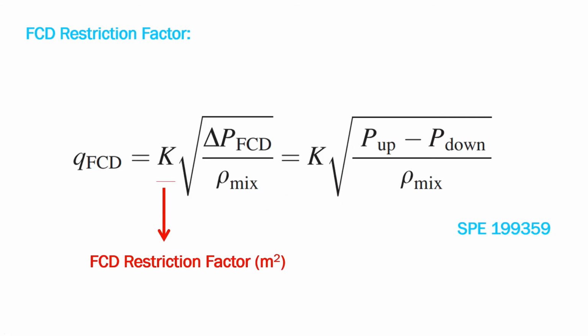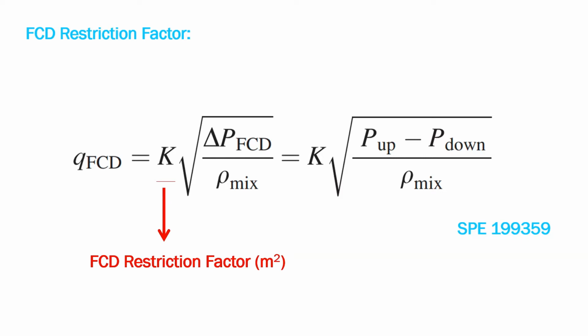But in the Eushaw software, in the CFD module, we calculate the pressure loss coefficient, and there is another parameter that we calculate, which we call the FCD restoration factor. This is the factor mainly required by the software to calculate delta P as a function of rate.